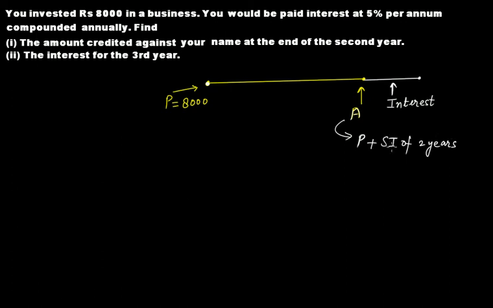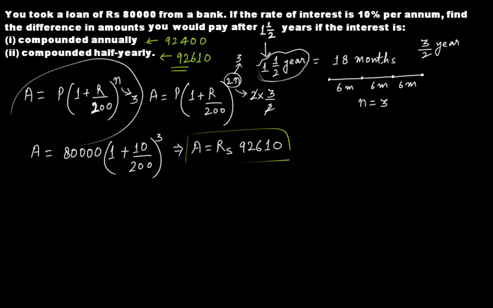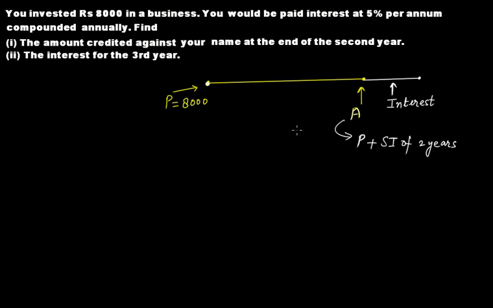So P plus simple interest of 2 years will give you the A, and for the calculation of the interest for the next period of 1 year, this A will become the principal of this another period, right? Just as we did here. So let's start. We have to find this value of A.